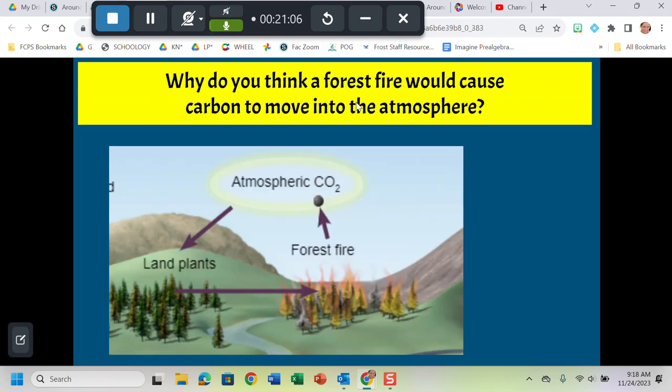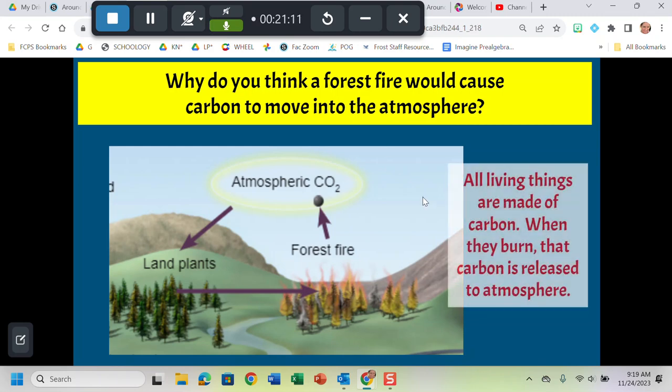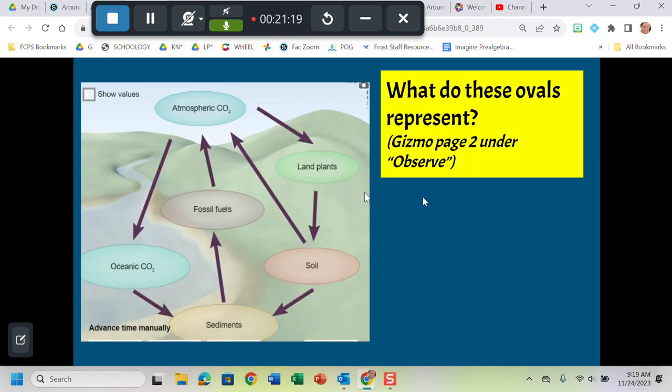And why do you think a forest fire would cause carbon to move into the atmosphere? It's because all living things are made of carbon. It's the basis of life, right? And so when they burn, the carbon is released into the atmosphere. All right, these ovals in your Gizmos, they represent pools or reservoirs of carbon, places carbon could be stored.